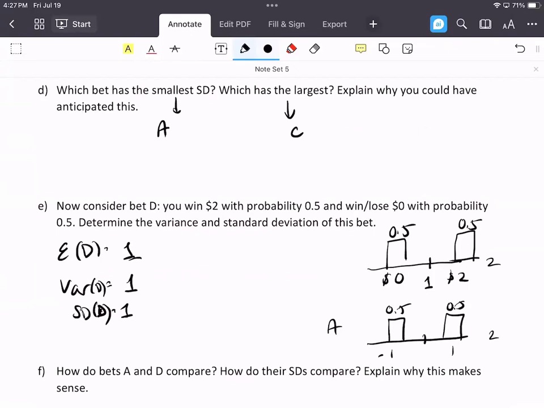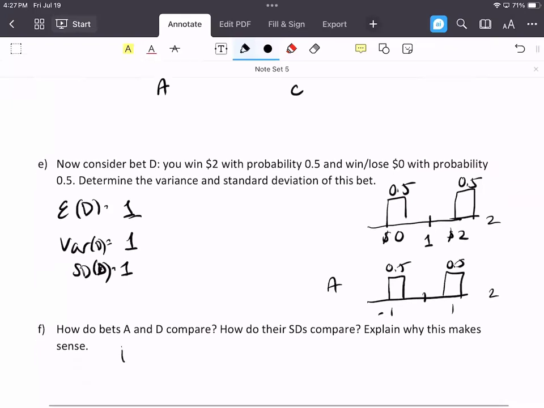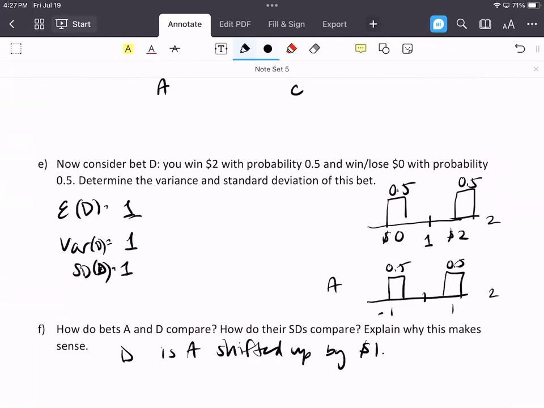The standard deviation is 1 for each of them, but the expected values are different. So all that's happening with D is it shifted right up by $1. So D is A shifted up by $1. The expected value changes, but the standard deviation and variance do not.